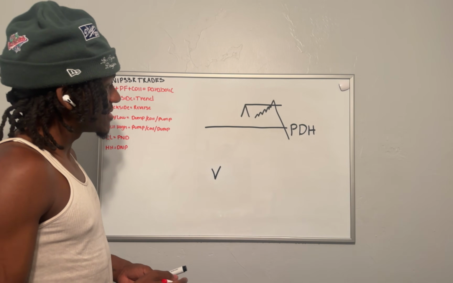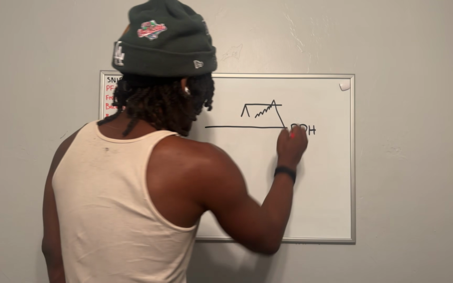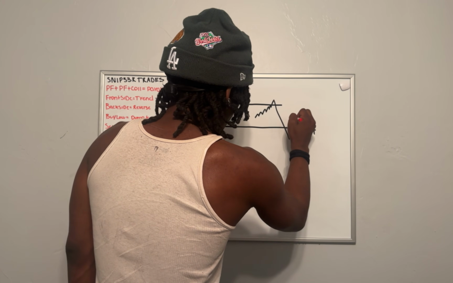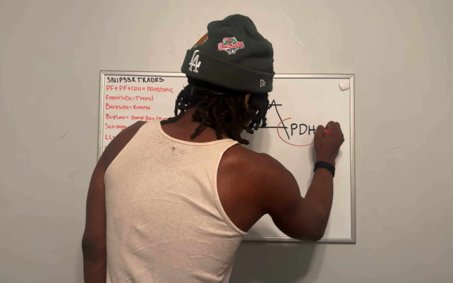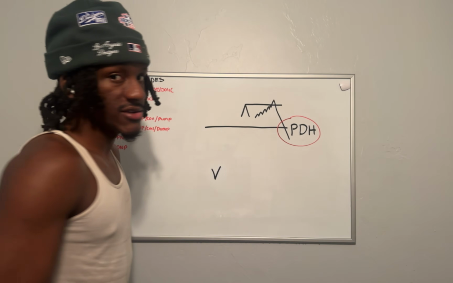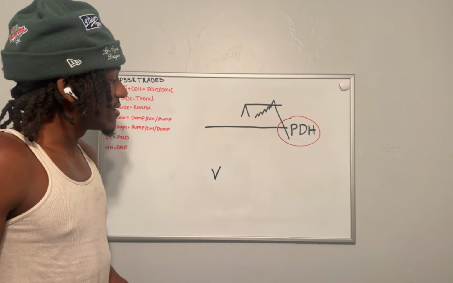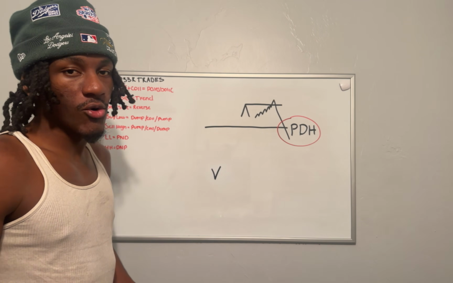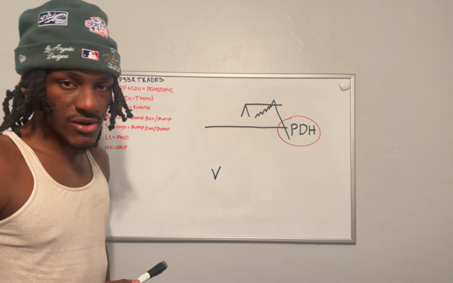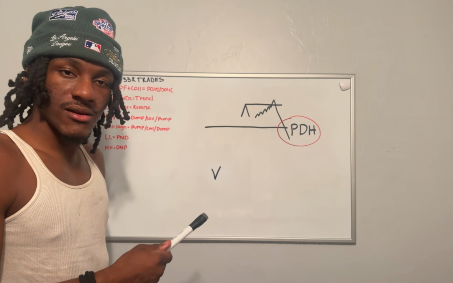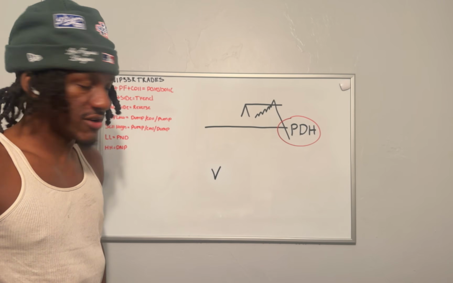He will wait for the market to break down back inside of the range. And he will wait for them to pull back into the previous day's high for his trade, for his entry.